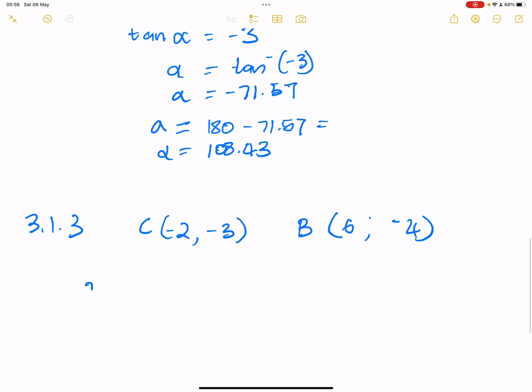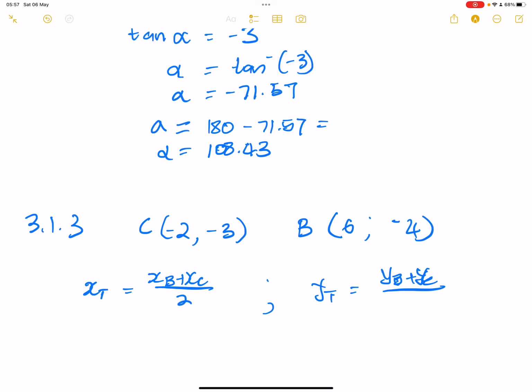We're looking for the x value at T. Using the midpoint formula, it's xB plus xC, divided by 2, and for the y value it's yB plus yC divided by 2.